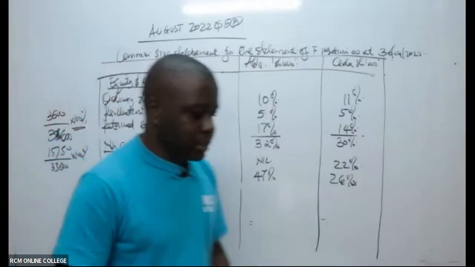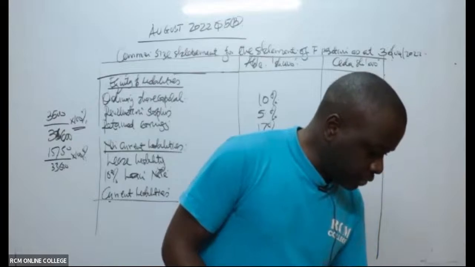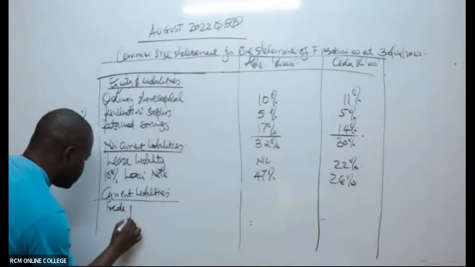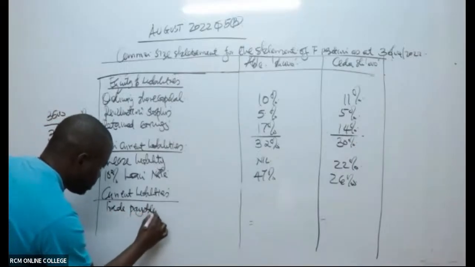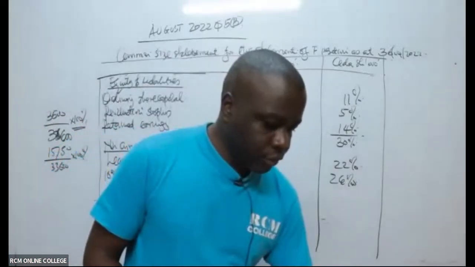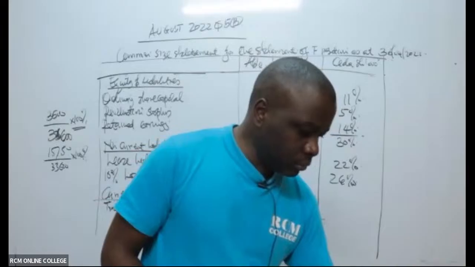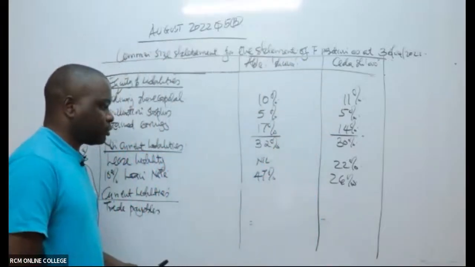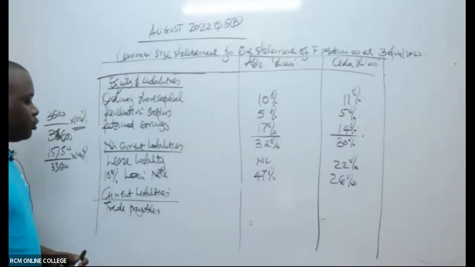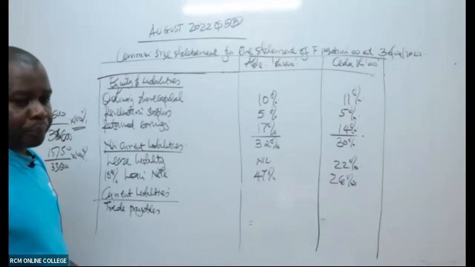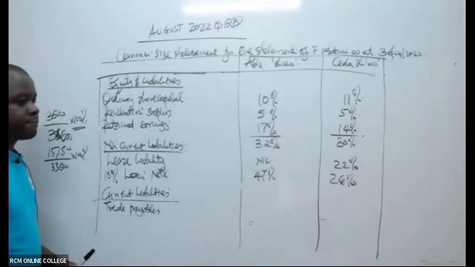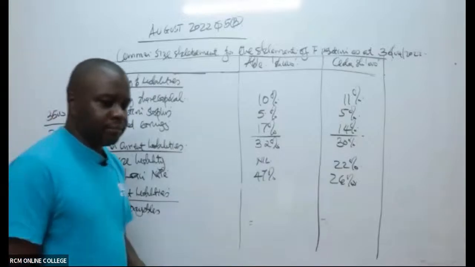For the current liabilities, we have the first item there: trade payables. What are the percentages for the trade payables? I can see 13%.